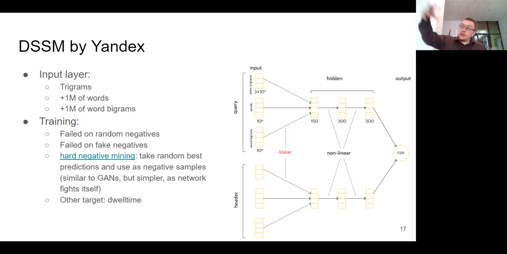So they extended the input size, and they observed interesting things. First, I mentioned that treating the clicked document as good versus all other unclicked ones brings not very good quality. They wanted to tune this training procedure.